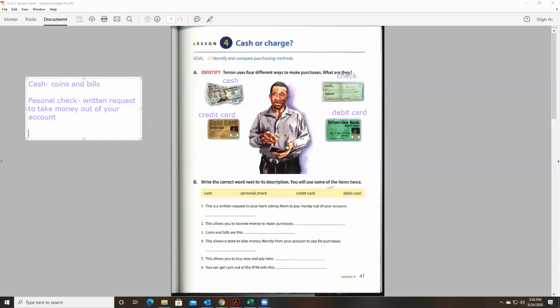All right. So our next one, let's look at a credit card. Okay, these 2 are very different, a credit card and a debit card. What are the 2 big differences between these 2?